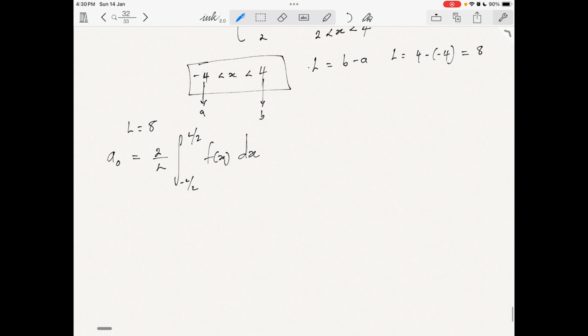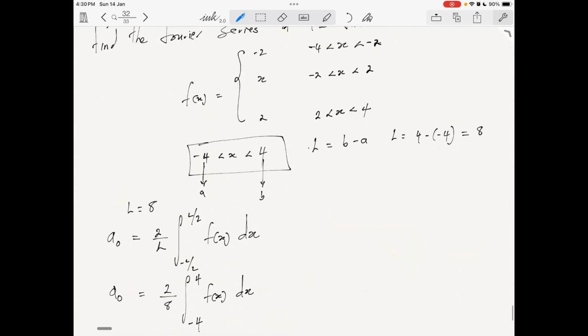Now let's substitute our value for L. So we have 2 over 8 integral, minus L over 2 is minus 4, and L over 2, that's 8 over 2, is 4, f of x dx.